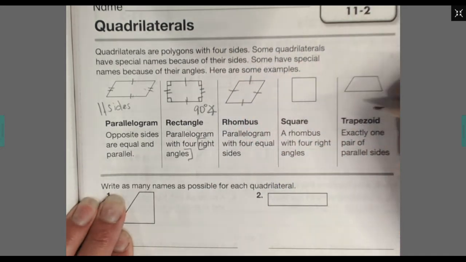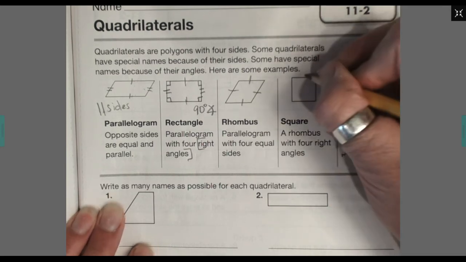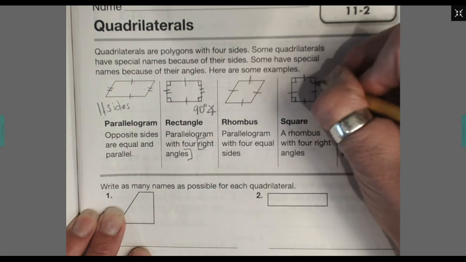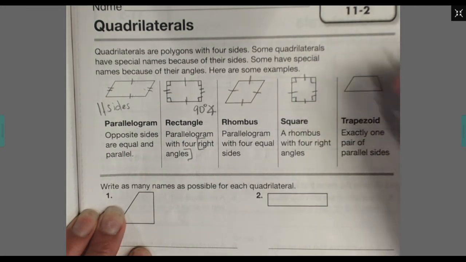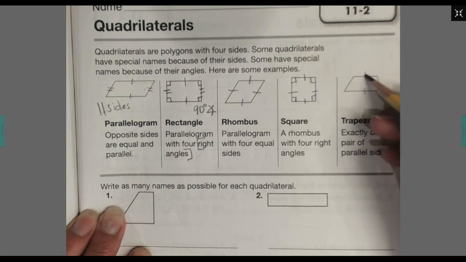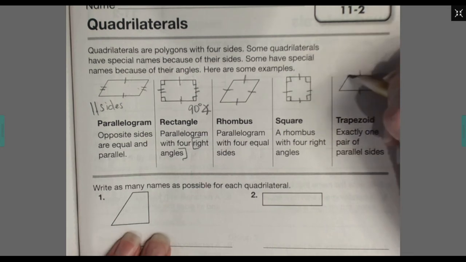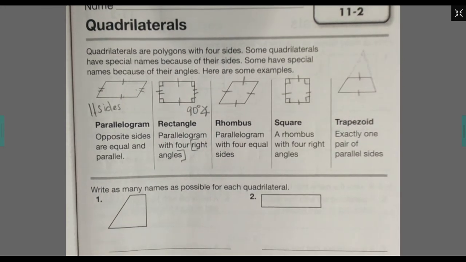So all those sides are the same length. A square, a rhombus with 4 right angles. So all equal sides, but also all 4 right angles. A trapezoid, exactly 1 pair of parallel sides. It only has 1 pair of parallel sides. The other sides will eventually intersect. Okay, so that is a trapezoid.